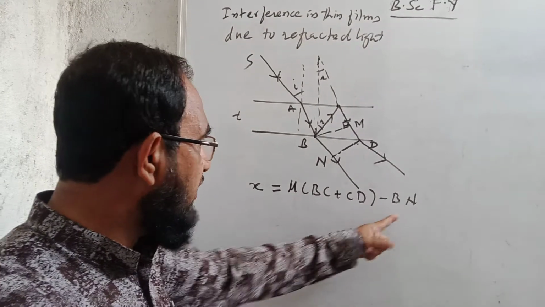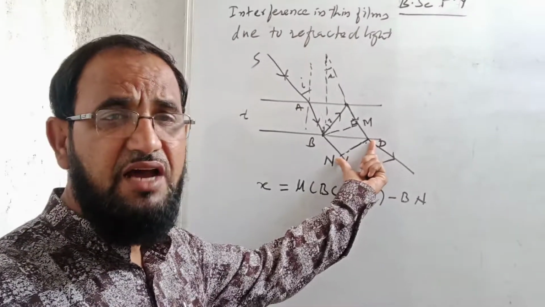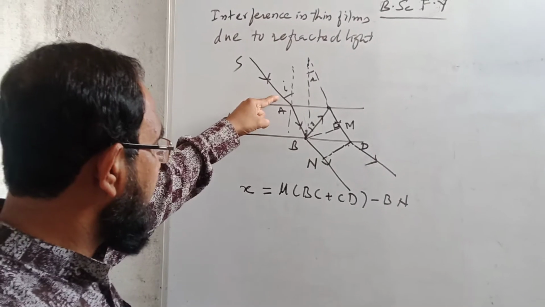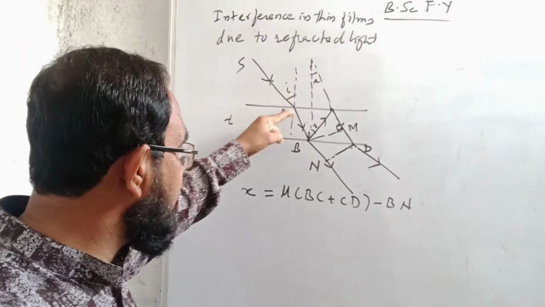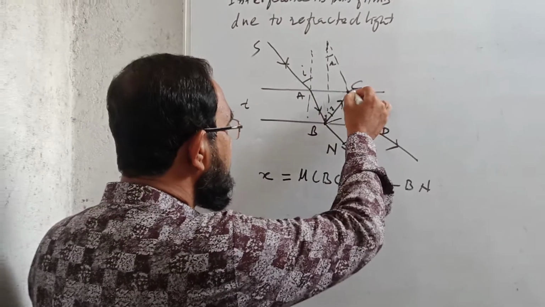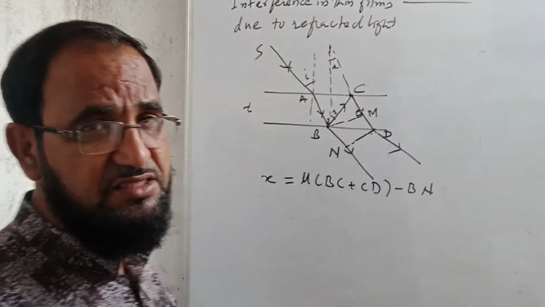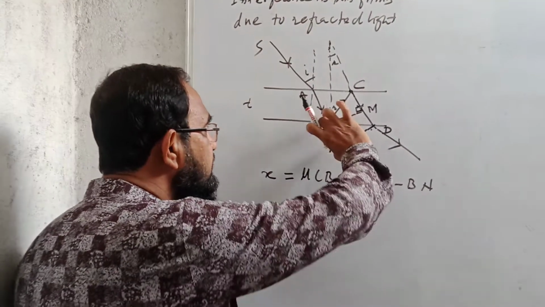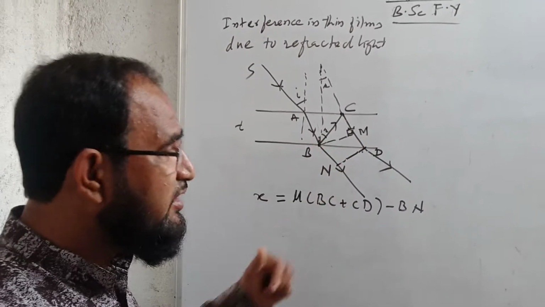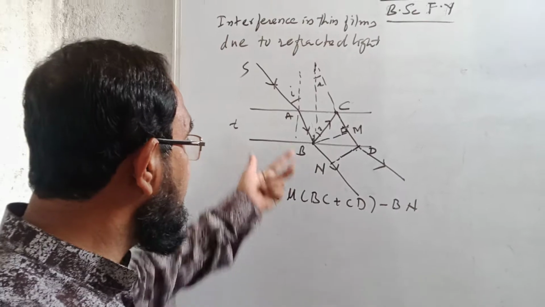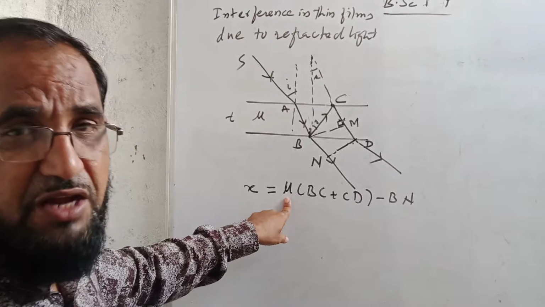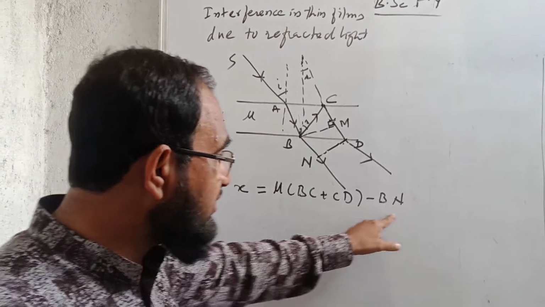Up to the points N and D these rays travel equal distances, but before that this ray has traveled an additional distance, from B to C and then C to D. This is the additional distance, and then you have to subtract the distance BN. As the distances BC and CD are traveled in the medium of refractive index mu of the thin film, I will have to multiply by mu: mu BC plus CD minus BN.